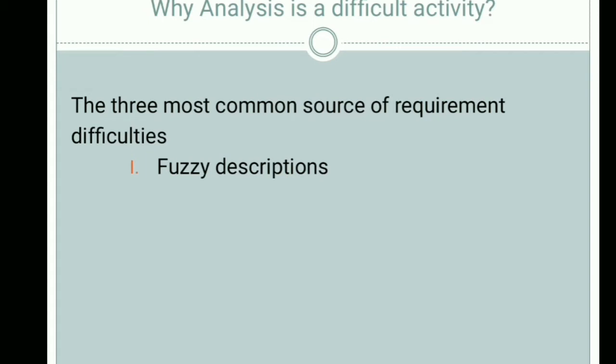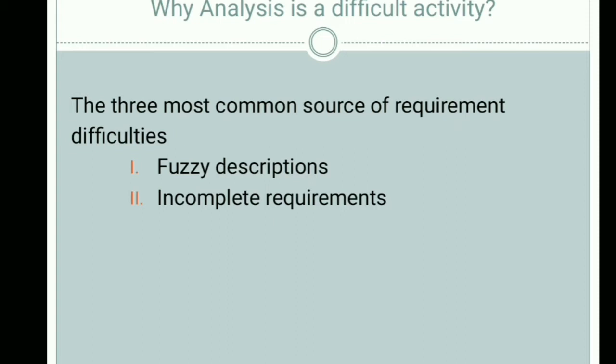He may state a requirement that may create confusion. So a fuzzy description makes the analysis activity difficult. The second is incomplete requirements.